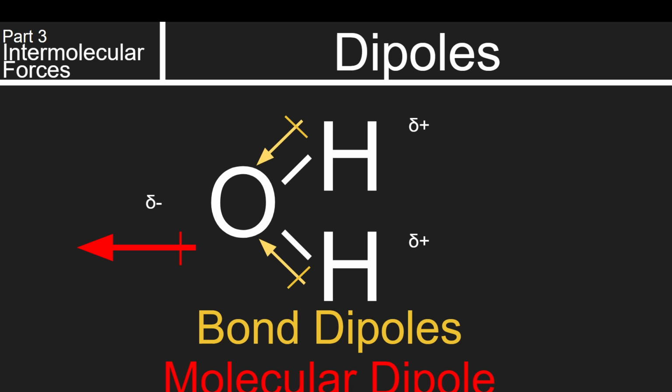So let's look at the dipoles on water. The water molecule had the positive partial charges on the hydrogen side and the negative partial charge on the oxygen side. So the bond dipoles that we put in yellow look like that. We put them along the direction of the bonds, from the hydrogen to the oxygen.